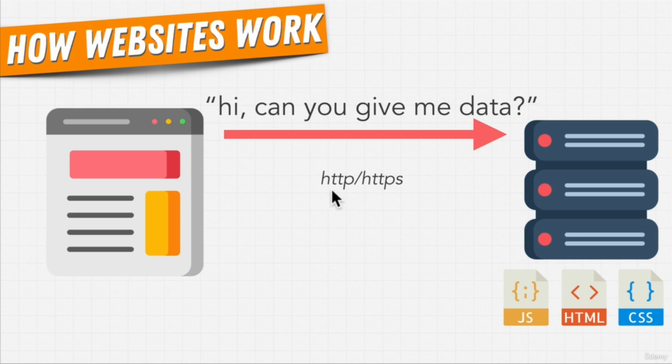In the same way, HTTP and HTTPS, which is a secured, encrypted version of communication, allows me to say, hey, can you give me the data? And the server to understand, oh, this browser needs the data that I have.